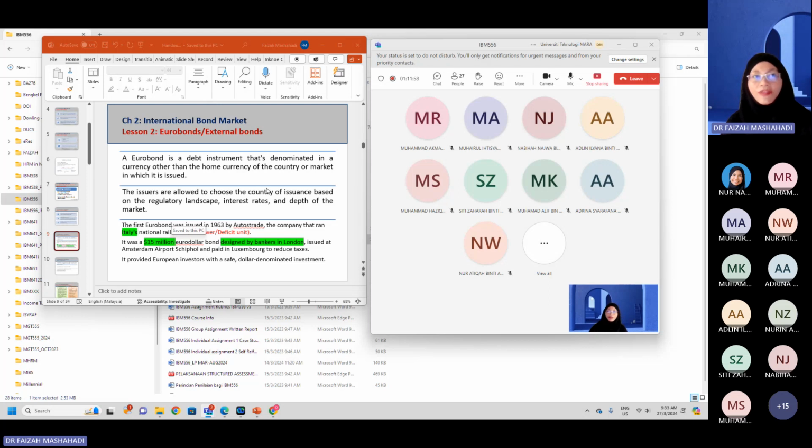There will be a lot of differences involving cultures, involving rules and regulations, involving the economic landscape. So the same goes for Eurobond issuance here. It's very important to understand that. You need to comply with whatever rules and regulations outlined by the government in that particular country. Right? We have this example.